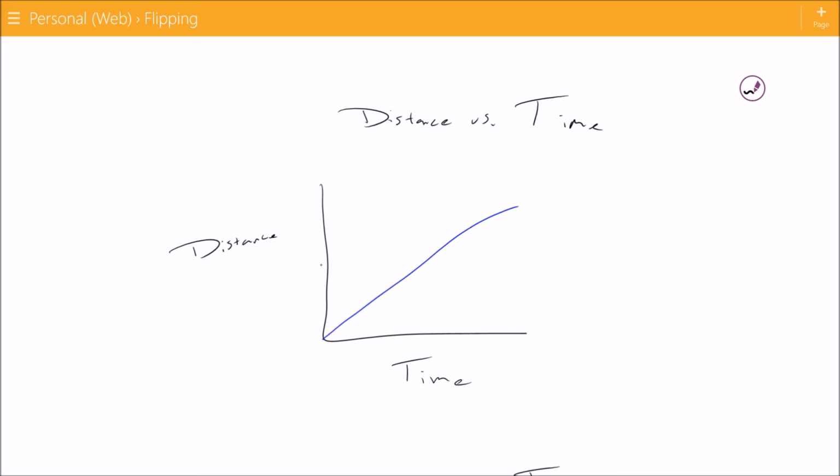So, distance versus time. First of all, this is a very common way of writing a graph out. It's described as your y value, so in this case distance, okay, distance is my y, versus your x value, your time, your independent variable. Time is almost always going to go in the x because that is the independent variable.